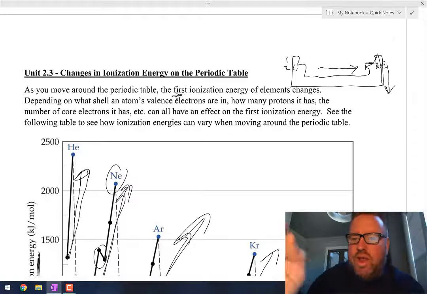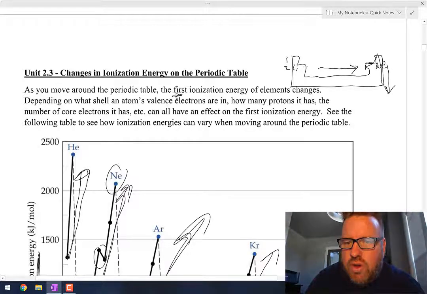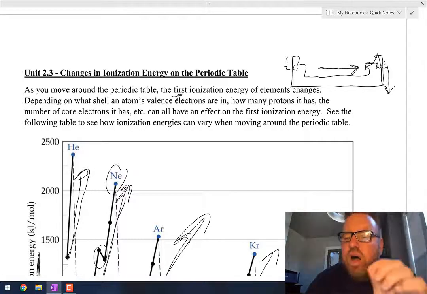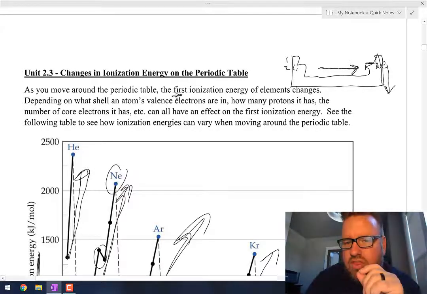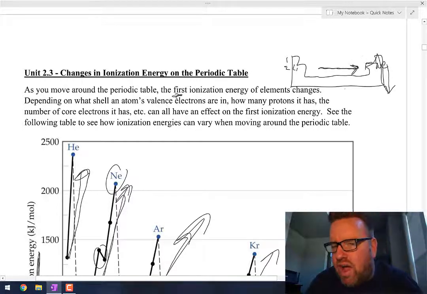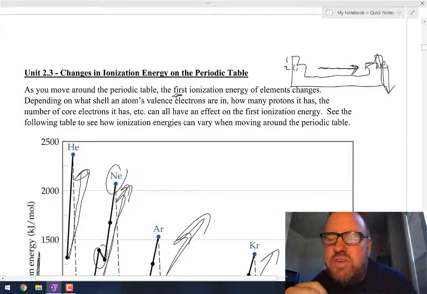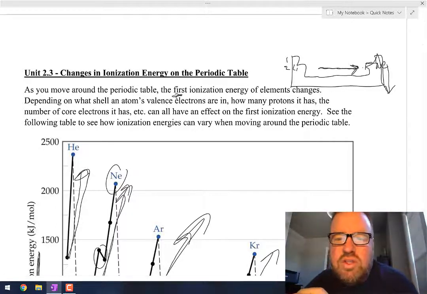Why is it going up? One of the reasons is, as you go across the periodic table this way, the number of protons is increasing. Lithium has 3, beryllium has 4, boron has 5, carbon has 6, all the way over to neon, which has 10 protons in total.